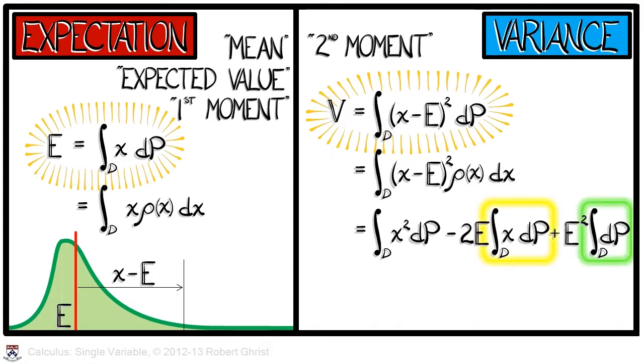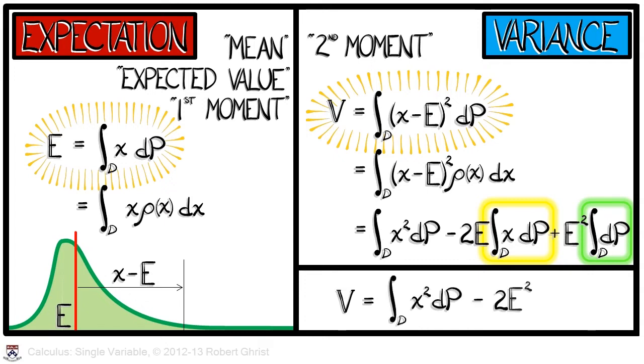Notice that the middle integral and the last integral are things we've seen before. The middle integral, that of x dp, gives the expectation. The final integral, the integral of dp over the domain, is, of course, 1.